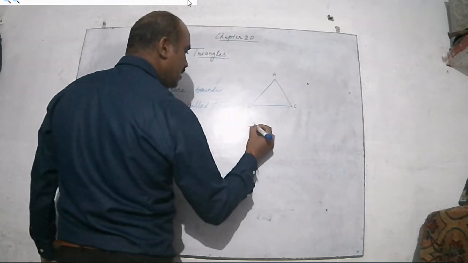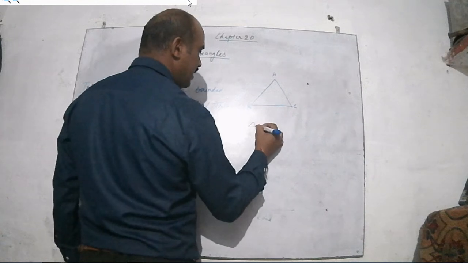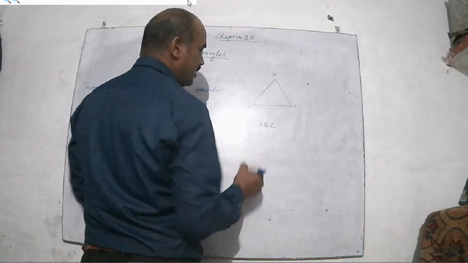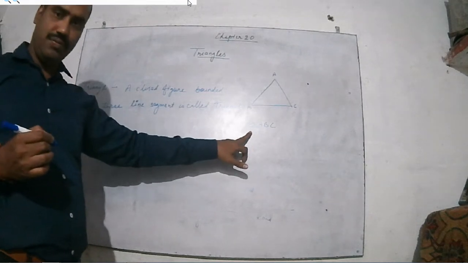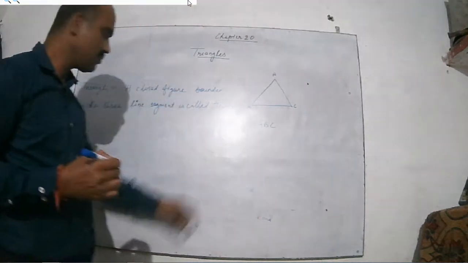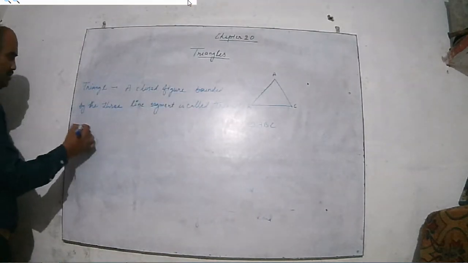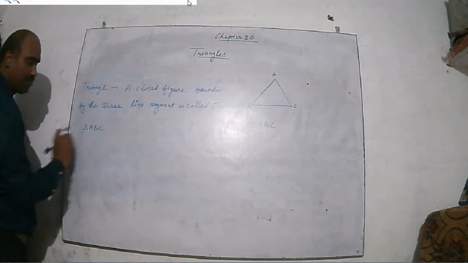Here you can write triangle ABC. In this way you have to write the triangle. This is the symbol of triangle.